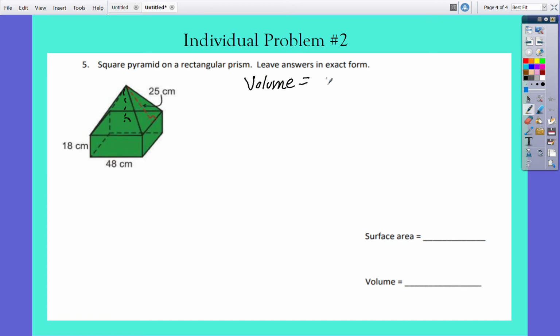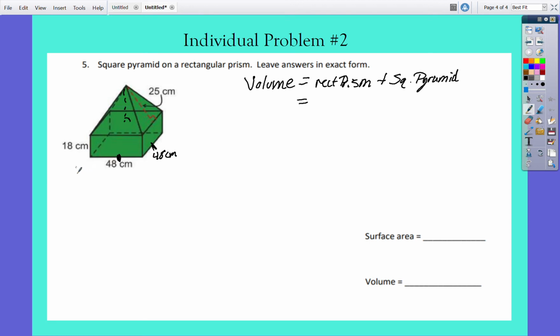And I'm going to just write out the two different things I need. I need the volume of the rectangular prism plus the square pyramid. The rectangular prism is length times width times height. Since this is a square on the bottom, we know both of these sides are 48 centimeters, by the way.